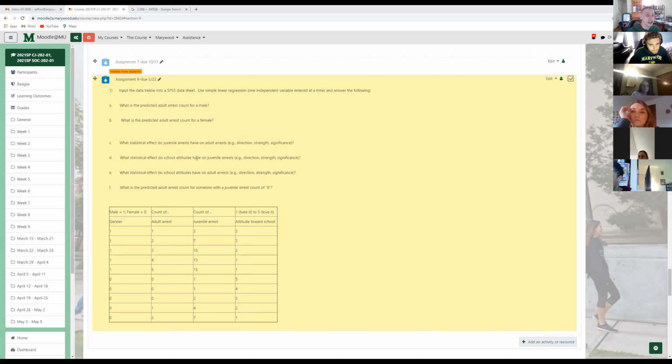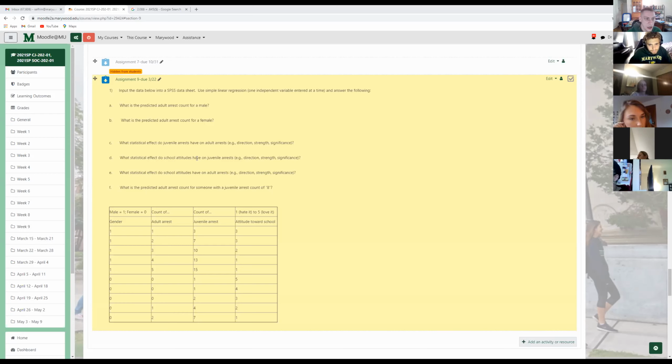So just make sure that you're doing a simple linear regression for each one of these. Make sure that you're not putting in more than one independent variable in the analysis at a time. Okay, so long as you do that, just one independent variable in the analysis at a time, then you're good. You cannot put any more than one dependent variable in there at a time.